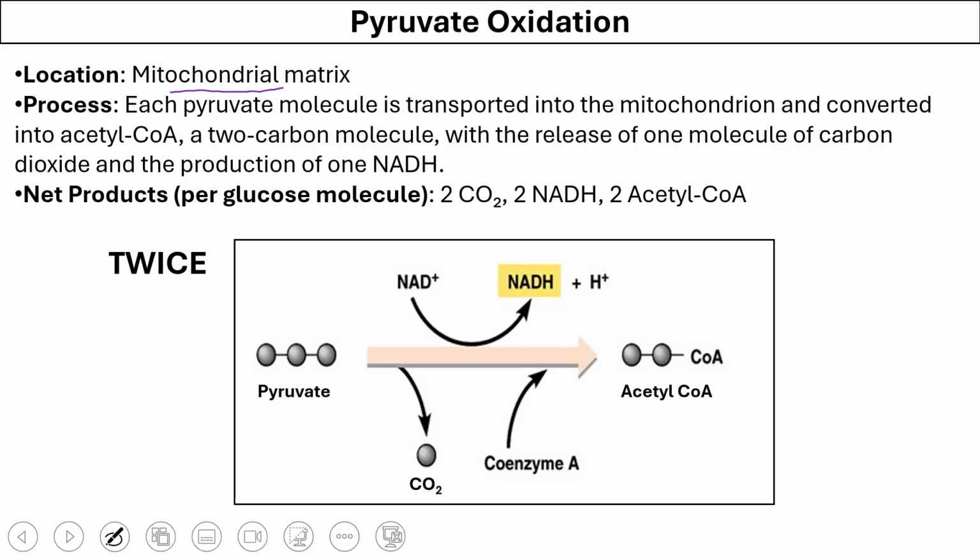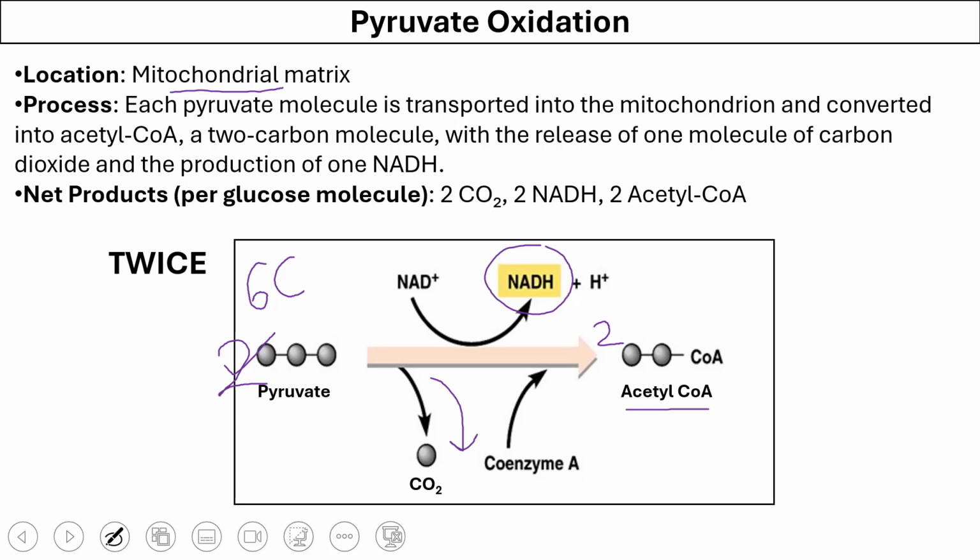Pyruvate is a 3-carbon molecule generated from glucose, which was a 6-carbon molecule. So we have 2 molecules of pyruvate. Each pyruvate releases 1 molecule of carbon dioxide and produces acetyl-CoA. In this process, a molecule of NADH is also produced.